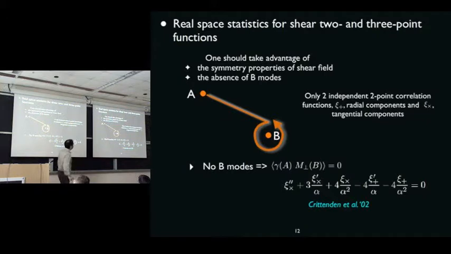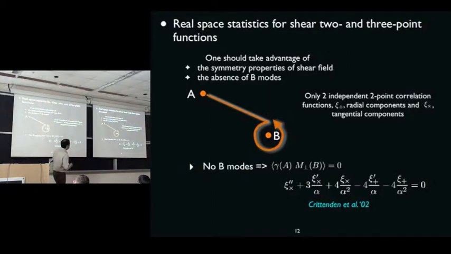What I was saying about the two-point function is that there are a lot of symmetries and non-trivial properties associated with the shear field. Obviously, one is related to the fact that it is a spin-2 quantity, so it has specific properties when you change the coordinate system. The other is that you expect no B modes.